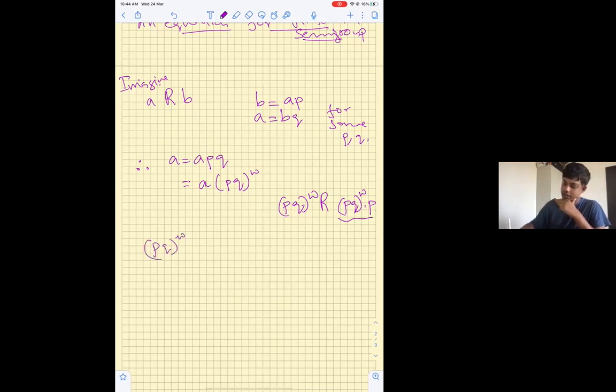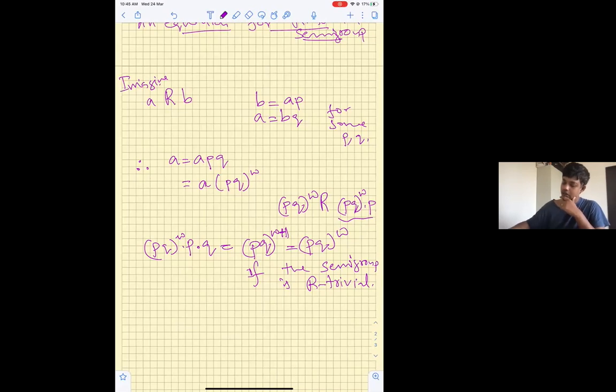(PQ) to the omega times P times Q is equal to (PQ) to the omega plus 1, which is equal to (PQ) to the omega, if the semigroup is aperiodic. The semigroup is R-trivial, and because if it is R-trivial, then it is aperiodic, as we have seen.